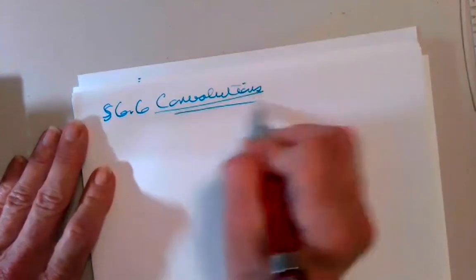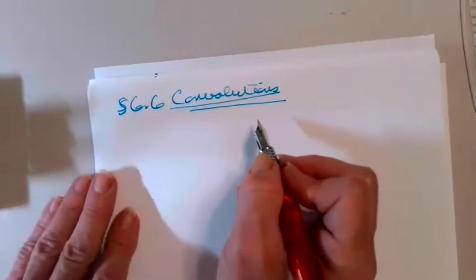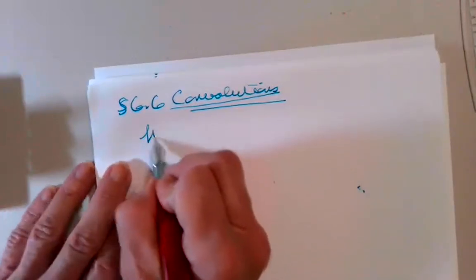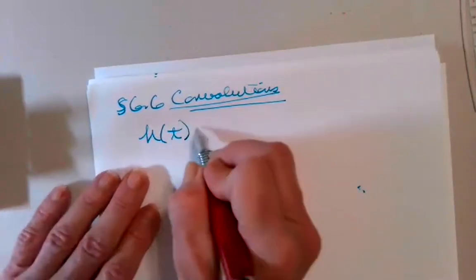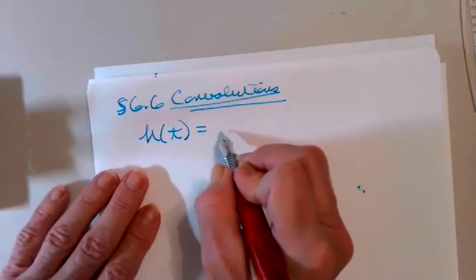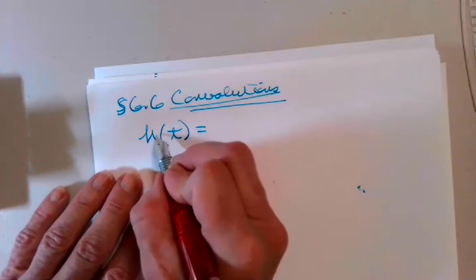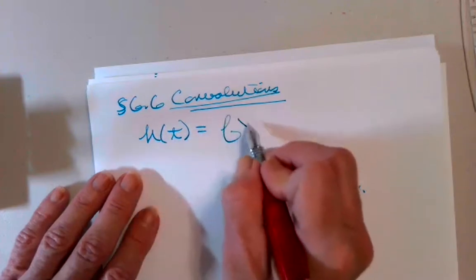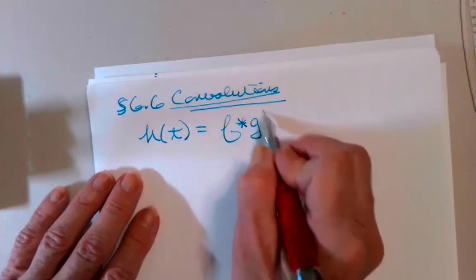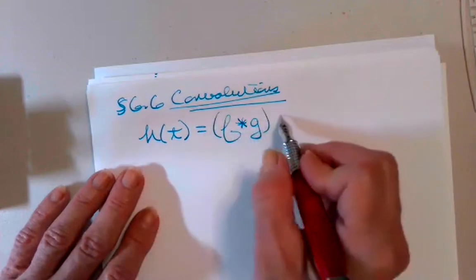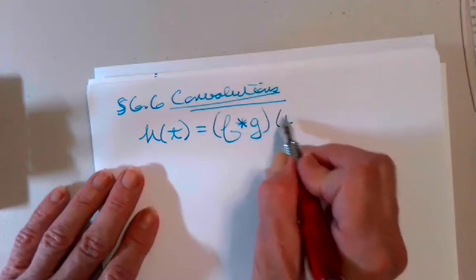Okay. Now there are different kinds of convolutions, but for us, a convolution h of t is going to be the function, well, the convolution of f and g. So when you convolve two functions, you get a function.